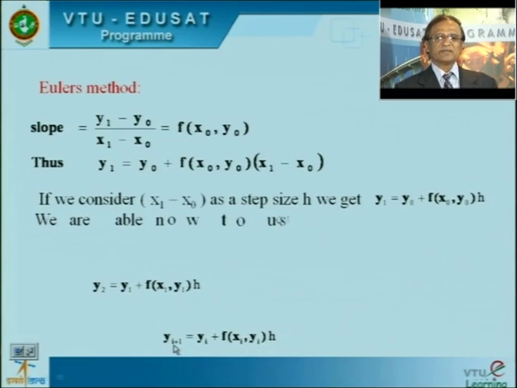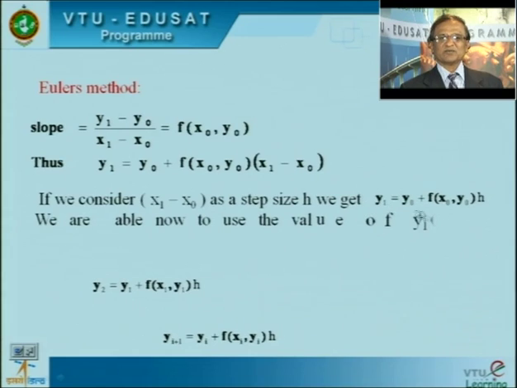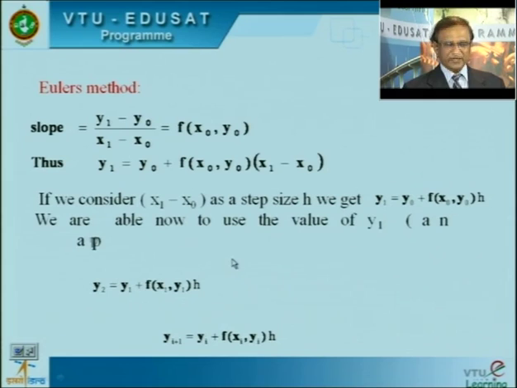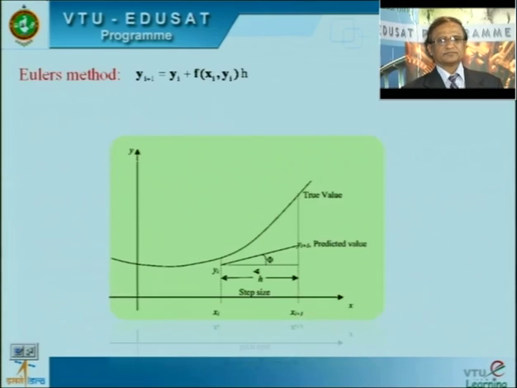When we replace i by 1, I can obtain y2 is equal to y1 plus f of x1, y1 into h. Like that you can replace i by 0, 1, 2, 3 and so on, and you will get all the values y1, y2, y3, which are the numerical values of the Euler's method.